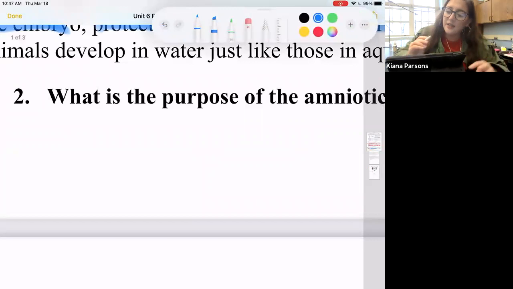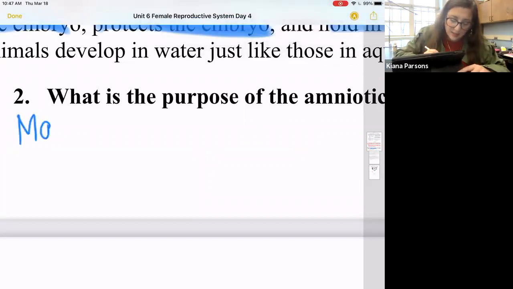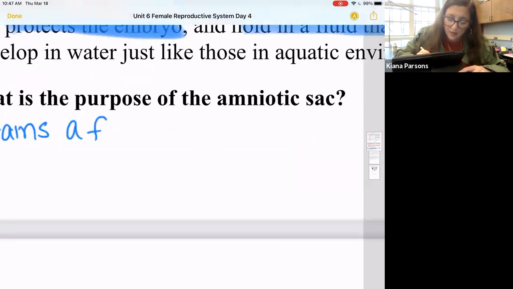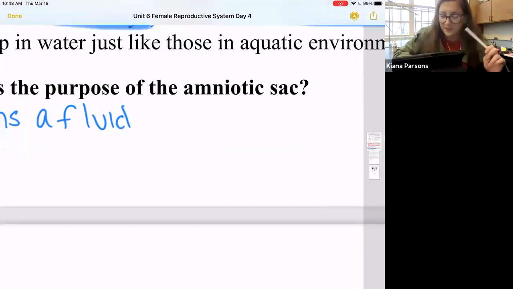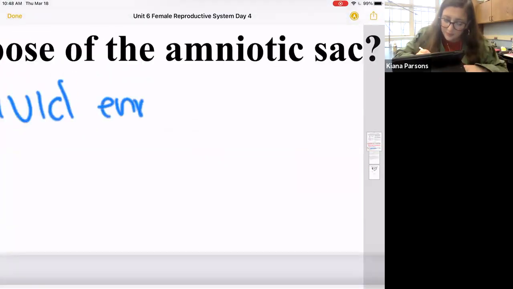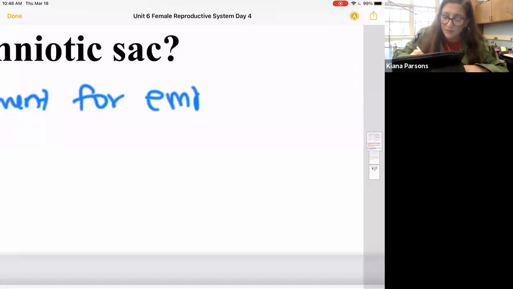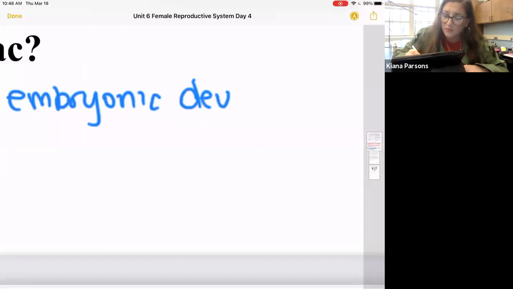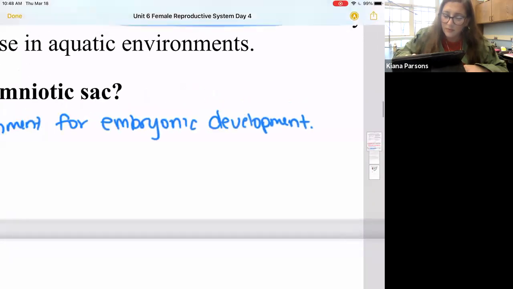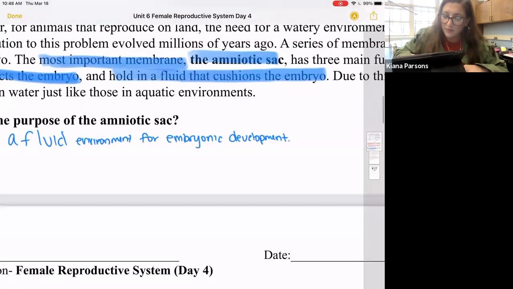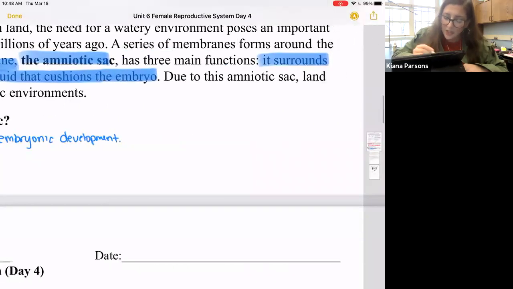So, the amniotic sac maintains a fluid environment for embryonic development, serving three main functions.